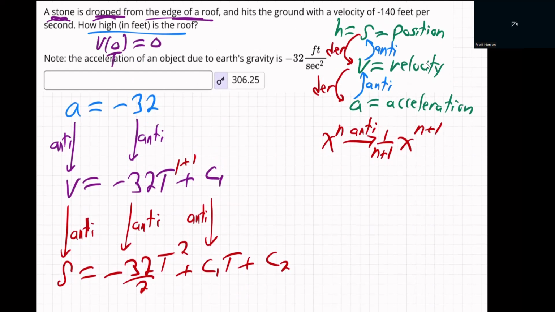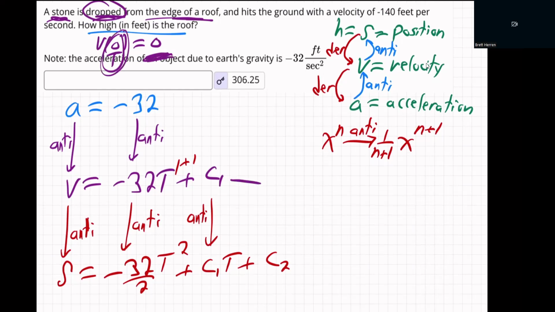If you drop something, you're not throwing it down. They didn't throw it downward with a starting velocity; they just let go of it. So right at the instant you let go of it, it had no velocity.